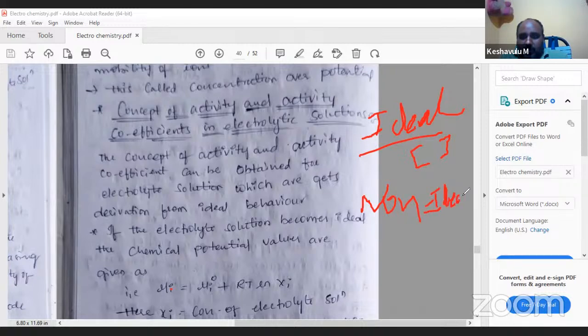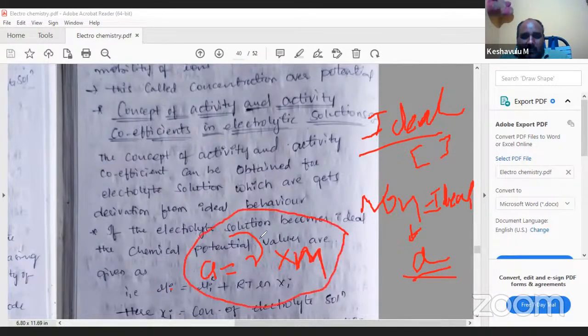Maybe you were present or absent on that particular day. For non-ideal solutions, we express it with the activity, that is A. Activity A is defined as the activity coefficient multiplied by molarity. This is the activity. Now we are going to find out the activity coefficient value.